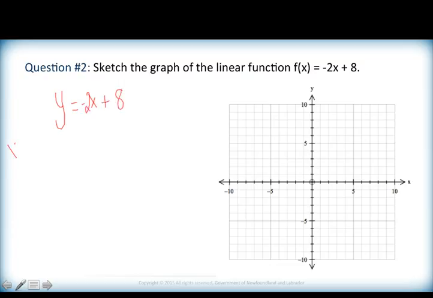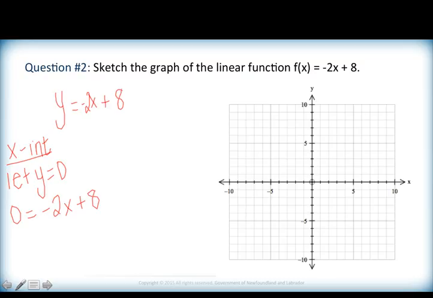So first of all, we're going to find our x-intercept, where we have to let y equal 0. So we'll have 0 equals negative 2x plus 8.